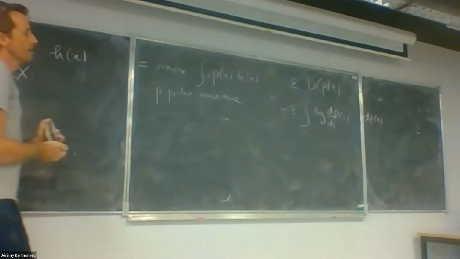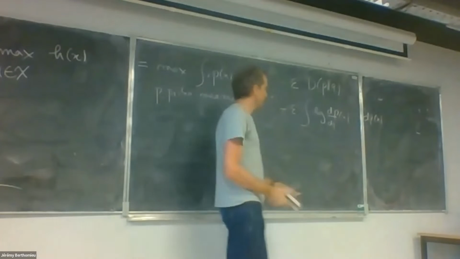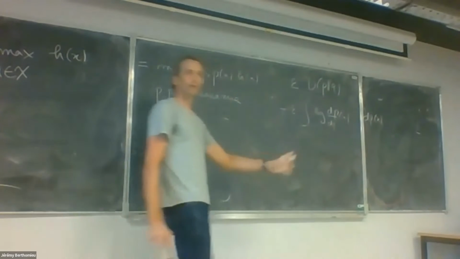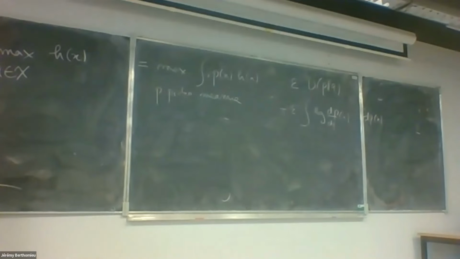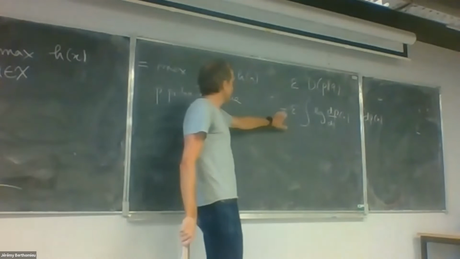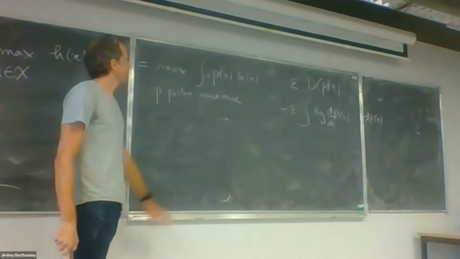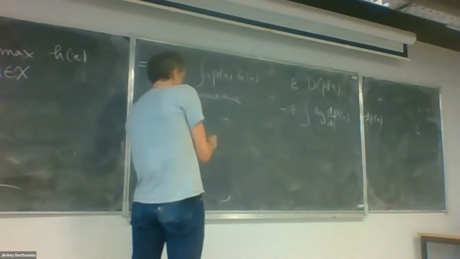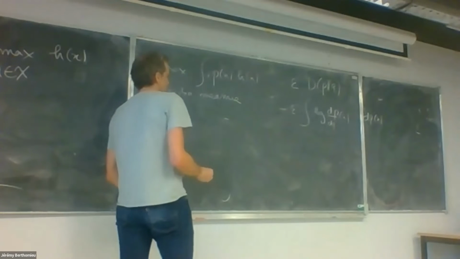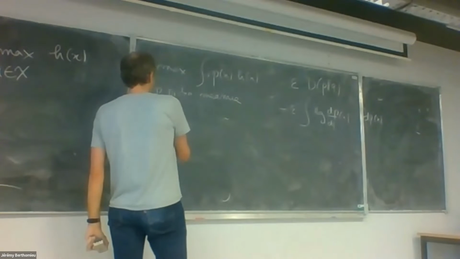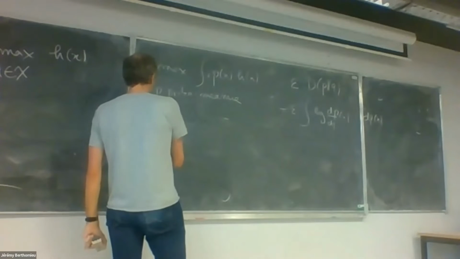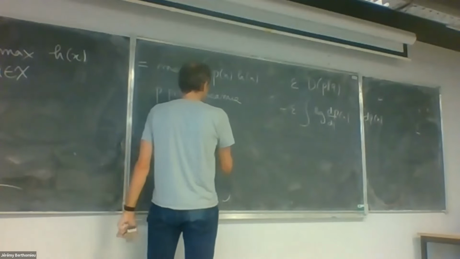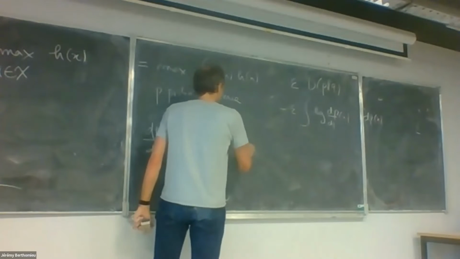You have to assume that dP over dQ is the density of P with respect to Q. Okay, so I'm maximizing over the measures of probability. And so this is the integral of h minus this, and with the exact same computation as before, dP star of x over dq of x will be proportional to exponential of h of x over epsilon.